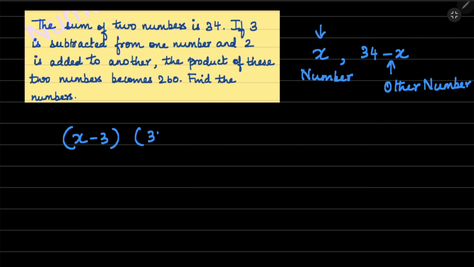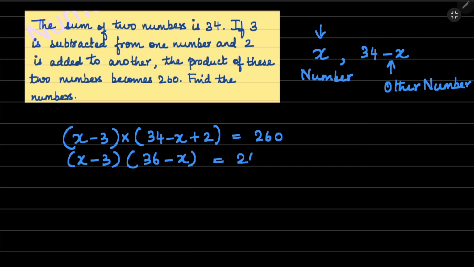What is the other number? 34 − x + 2. Then the product of these numbers becomes 260, right? So we have to solve now. So what would you do? (x − 3) multiplied by (34 + 2, that is 36 − x) = 260.